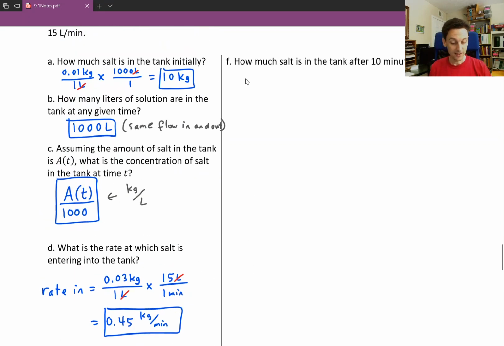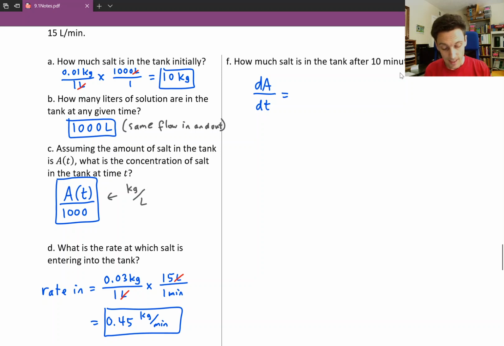Now part F asks how much salt is in the tank after 10 minutes. There are actually two subparts. One is to find how many kilograms of salt there are in the tank at any given time, and then to plug 10 minutes into the function that we get. The way we're going to start is by writing a differential equation that models this situation.